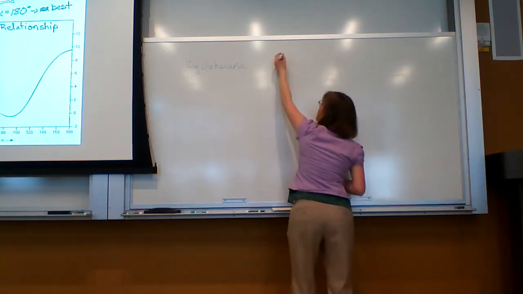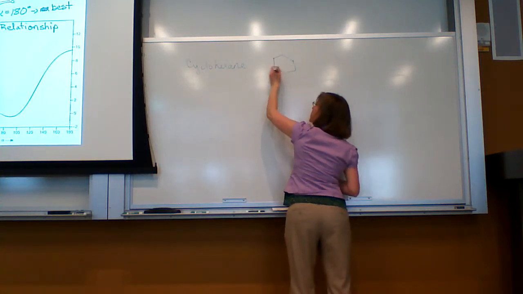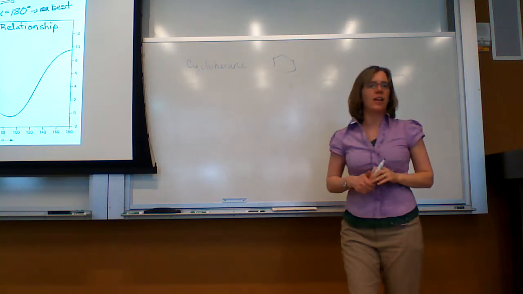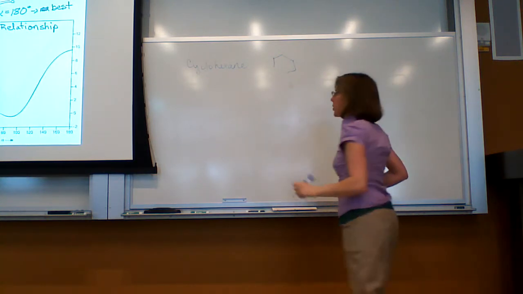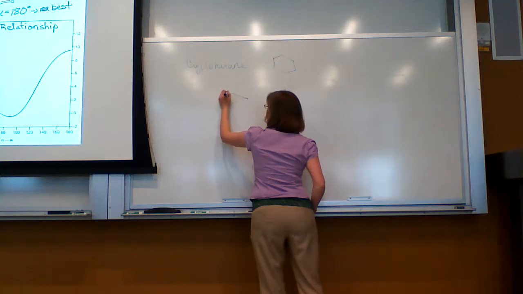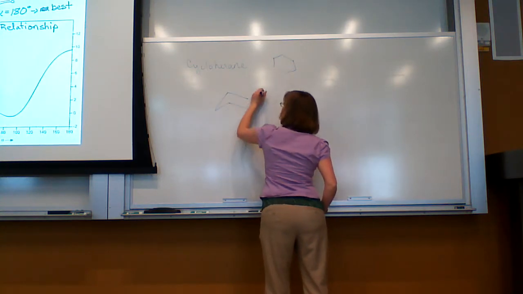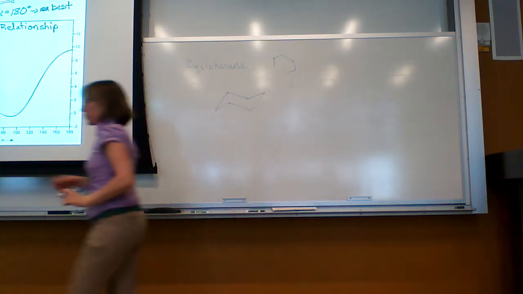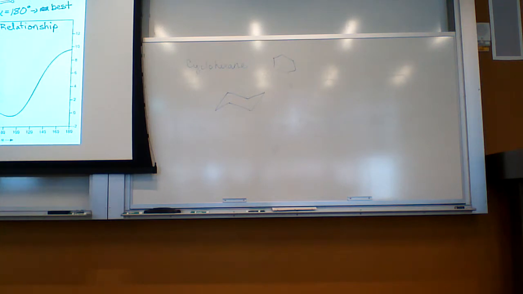Generally, when we're being lazy, we draw out cyclohexane as a flat structure, but if you remember from orgo chem, it's not a flat structure, it exists as a chair conformation.